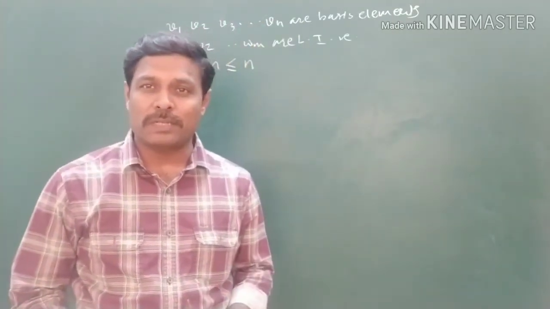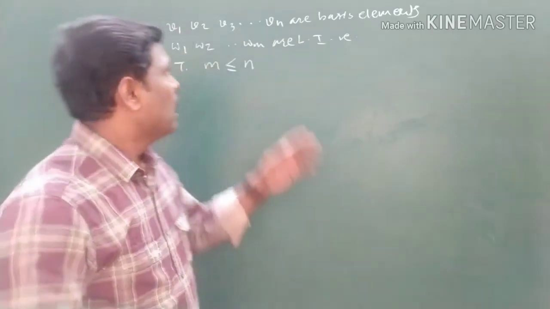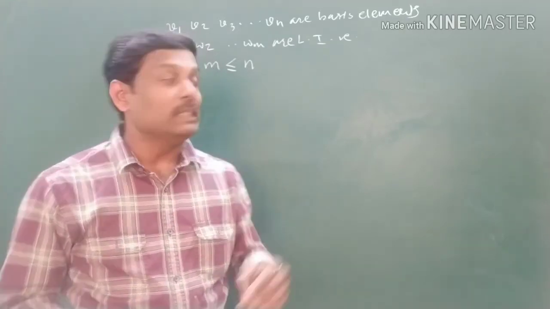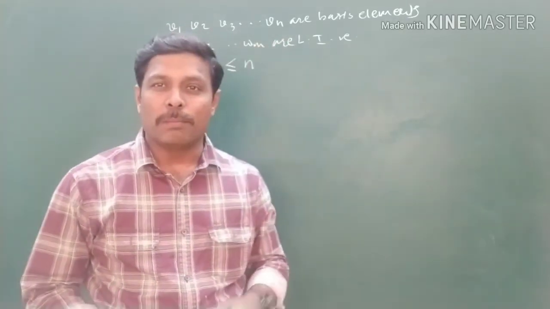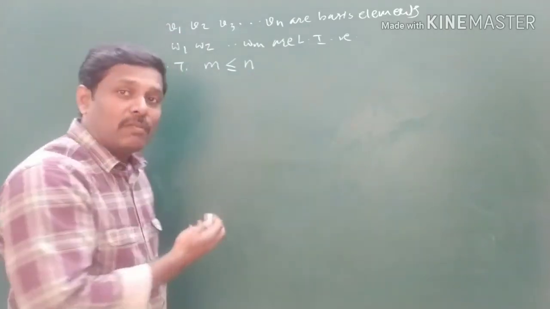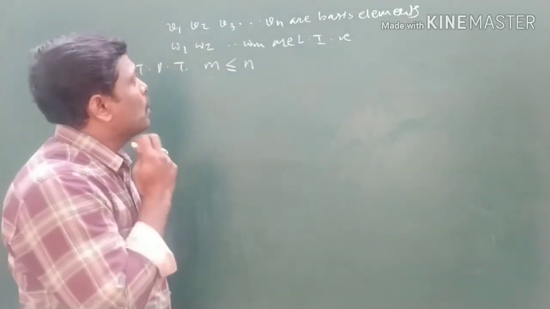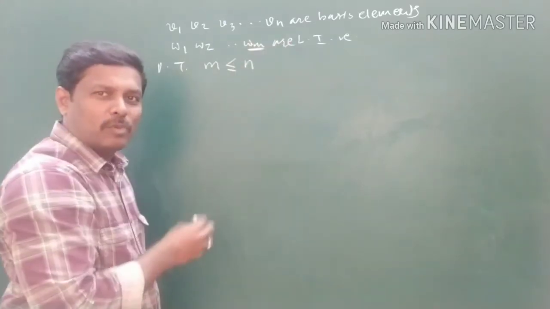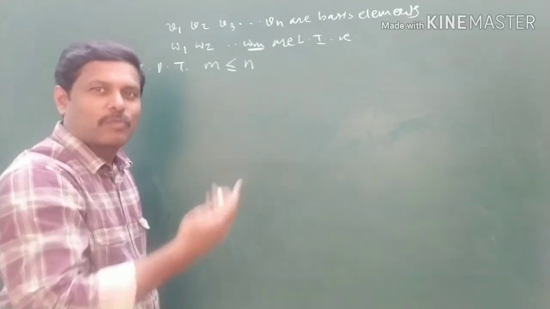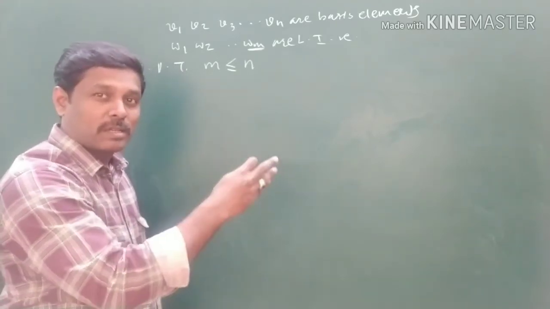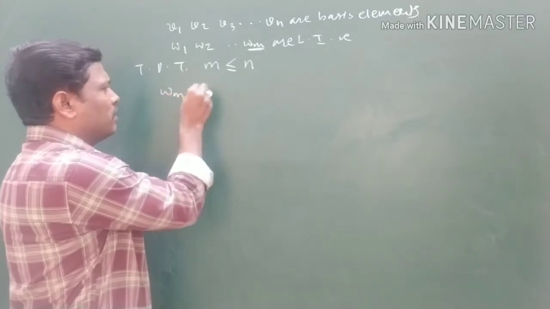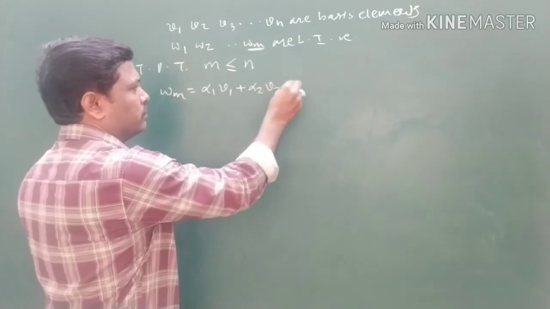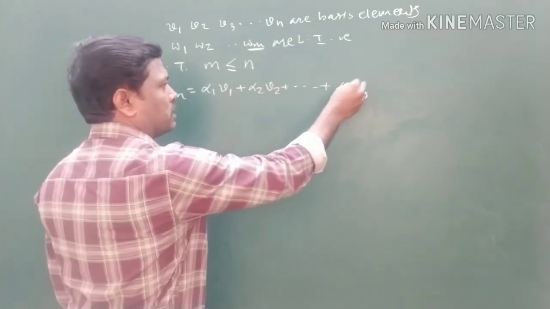These are the basis elements, therefore they are linearly independent. And this is a basis, that means every element of the vector space can be written as a linear combination of basis elements. So I can take one element from the vector space V. I'm considering wm. No doubt this is also a member of V, therefore we can take wm as a vector from V. So wm can be written as a linear combination of basis elements, because these are the basis elements.